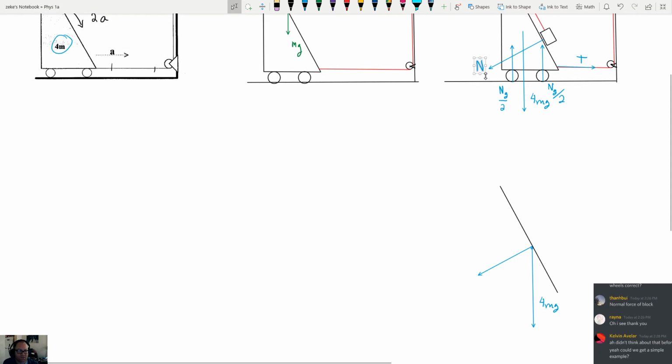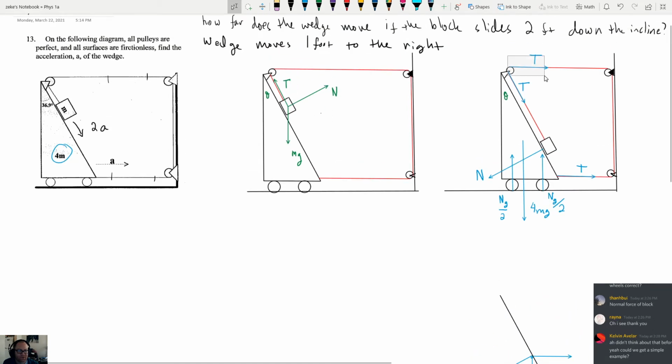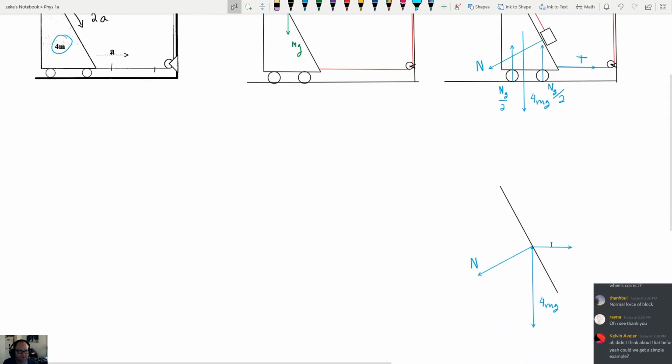We're going to have two T's, so there's a T there. Straighten it up a little bit. Another T from up here. What I'll do is extend this one and make it 2T, because there's two of them.